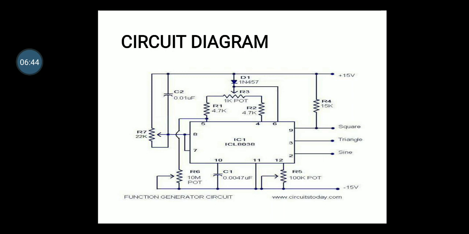Thus the current IA and the current IB can be given as VI by RA and VI by RB. The current IA controls the charging rate of the capacitor, while the current IB is diverted to the current mirror, where it undergoes a polarity reversal as well as amplification due to the combined action of Q5 and Q6. This results in a current swing magnitude of 2IB.